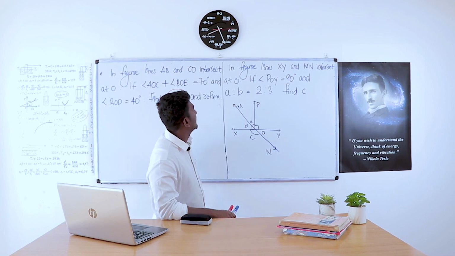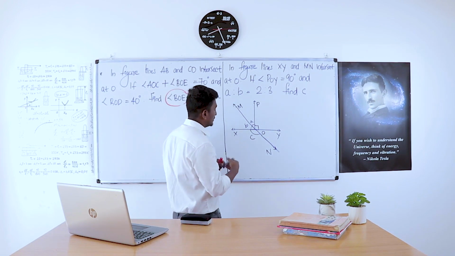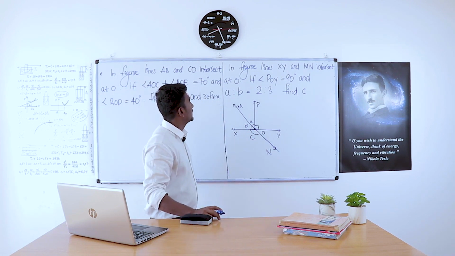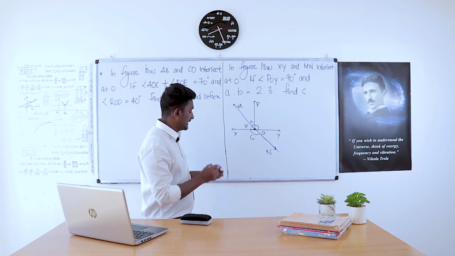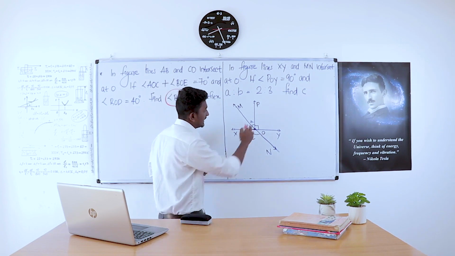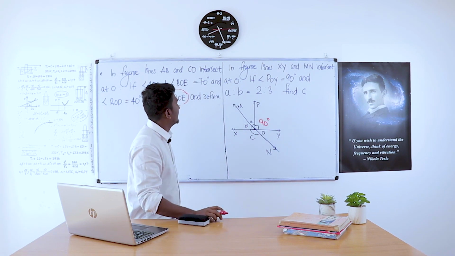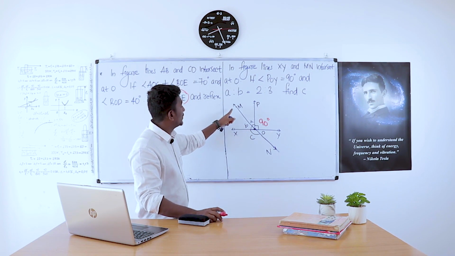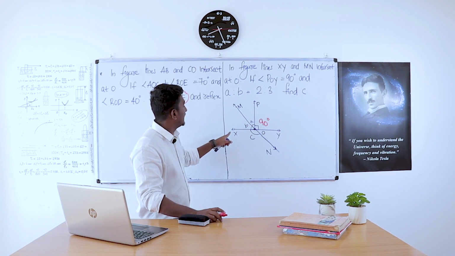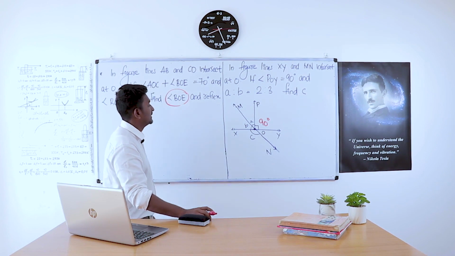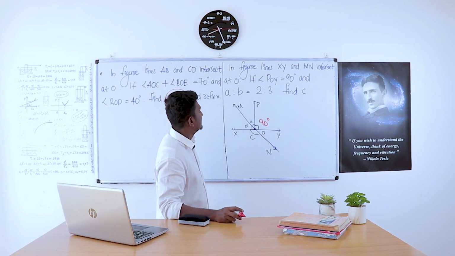The intersecting point is O. Angle POY is equal to 90 degrees. Then the ratio A is to B is equal to 2 is to 3, where angle POM is A and angle XOM is B. Then we have to find angle C.